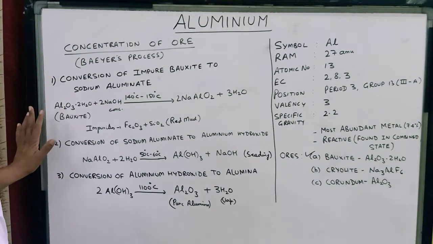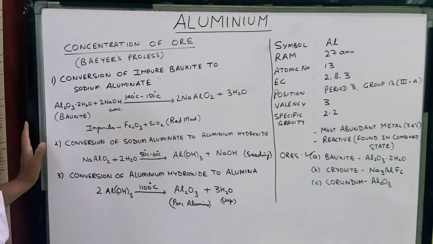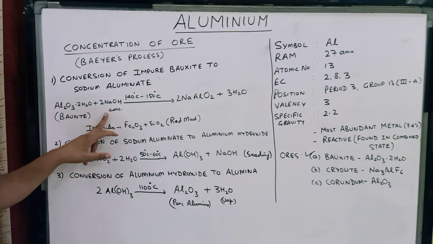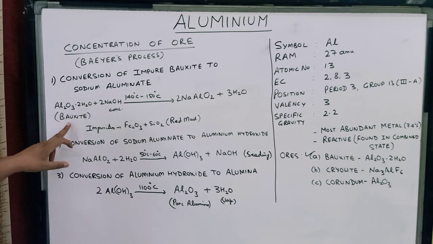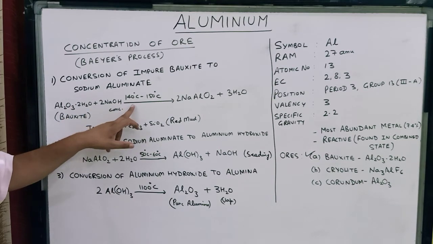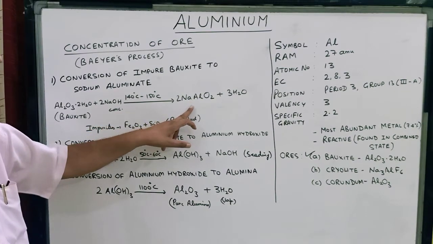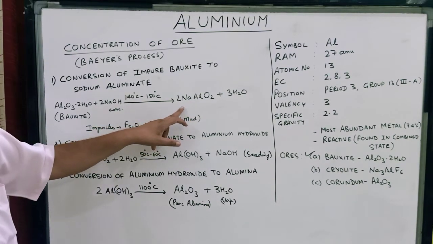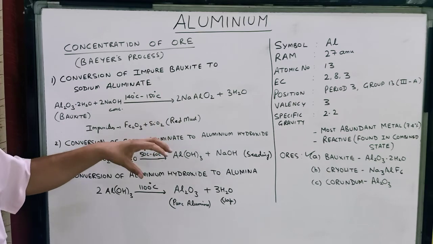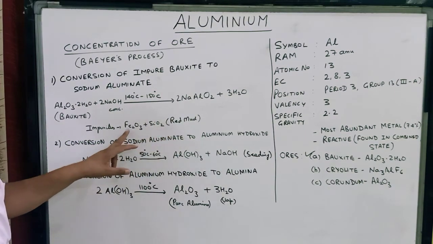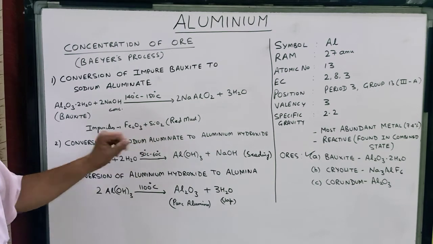So children, I hope you have followed this method of concentration of aluminium. Concentration is done in 3 steps. We use concentrated sodium hydroxide, and we heat it to 140 to 150 degrees centigrade, where we get sodium aluminate, and the impurities of ferric oxide and silica separate as red mud.